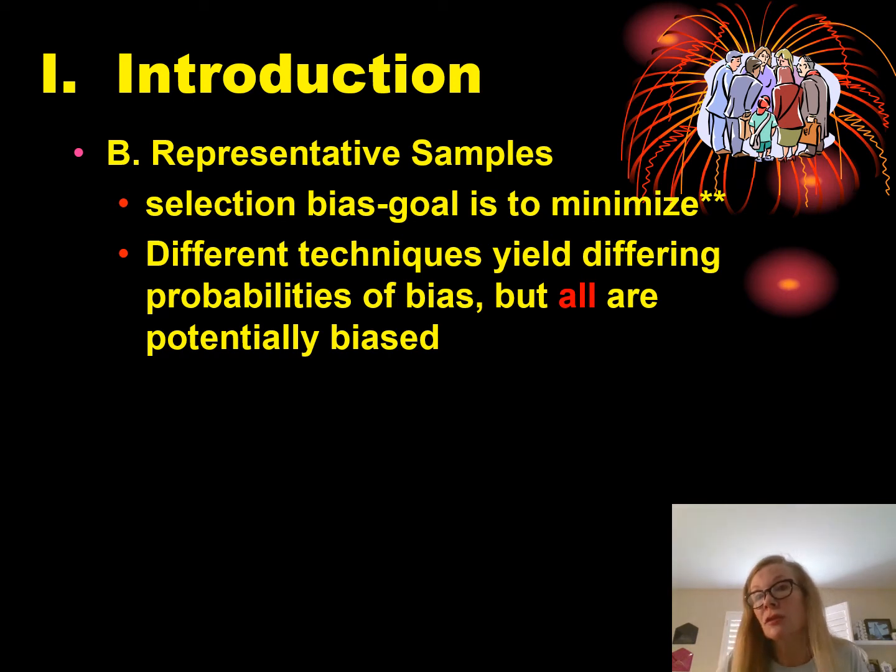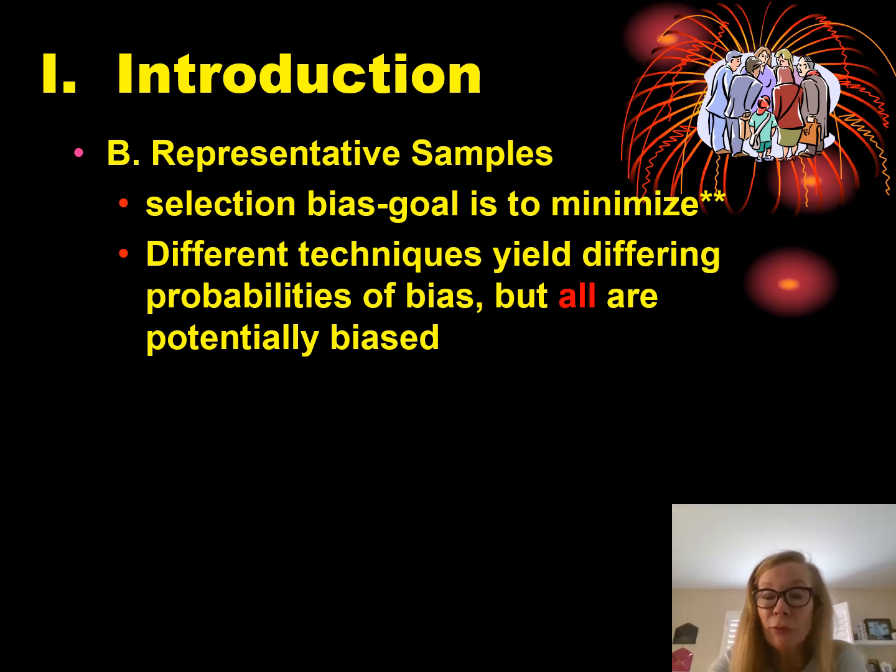It doesn't mean you're deliberately excluding people. I'm not talking about some emotional-based motivation. I'm talking about just the procedure that you're using. For whatever reason, you're including participants that differ in important ways from your target population. They're non-representative. So, of course, your goal is going to be to minimize this bias.